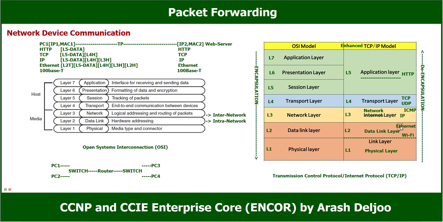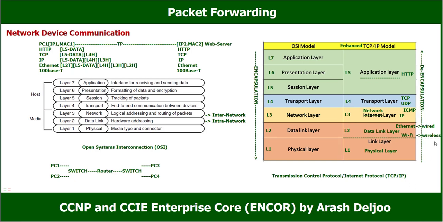In layer 2, as you can see, we have two important technologies, Ethernet and Wi-Fi. Ethernet is used in the wired network, as you know, and Wi-Fi is used in the wireless network. Actually, in the ENCOR class, we are trying to learn about communication in wired and wireless networks.